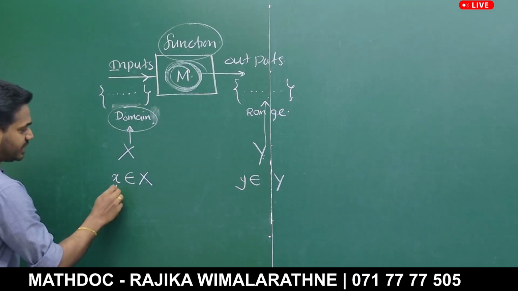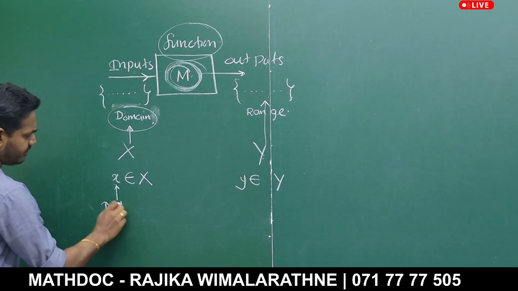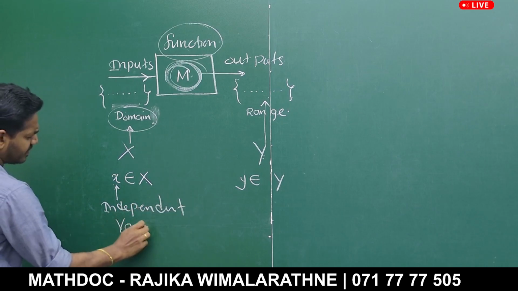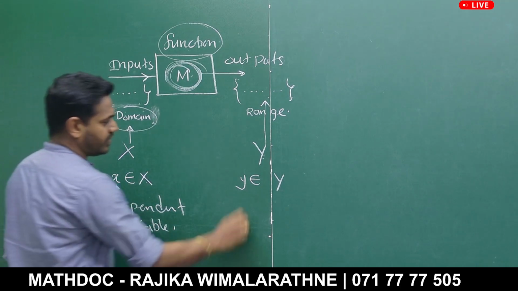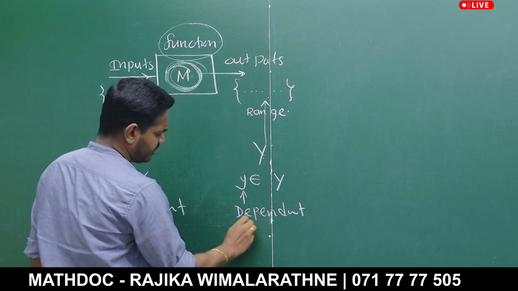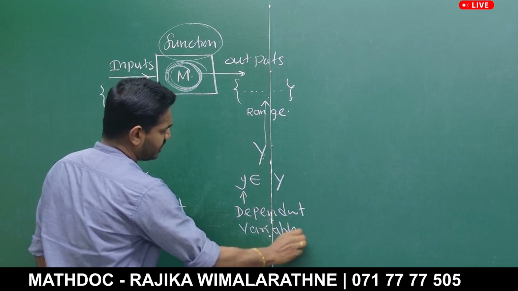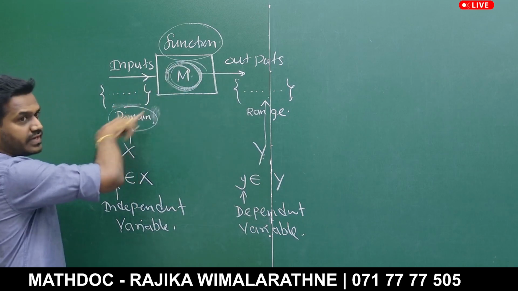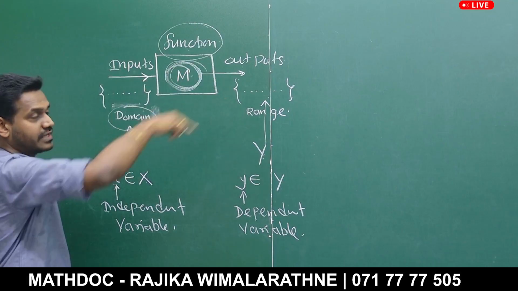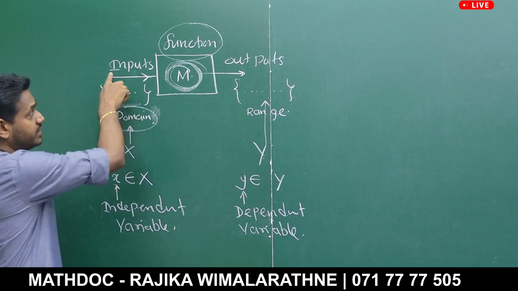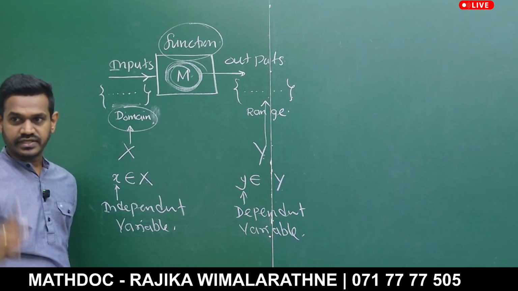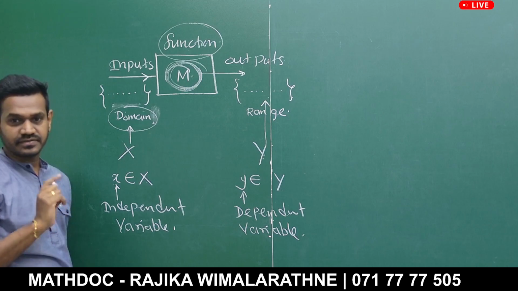Now here x we call the independent variable, and y we call the dependent variable, because y connects with x, no? Only when I give an input will it give an output. This connection we define by a function, so it has a specific rule.